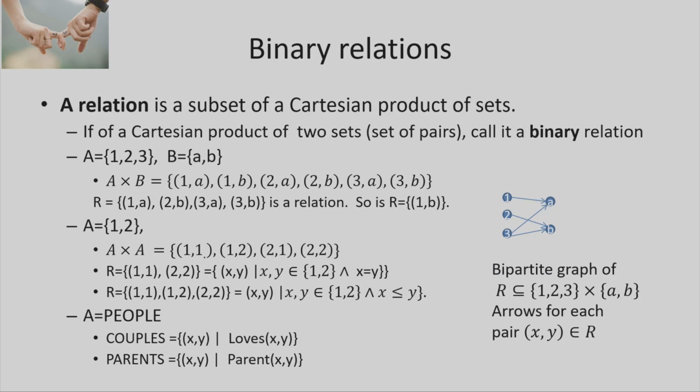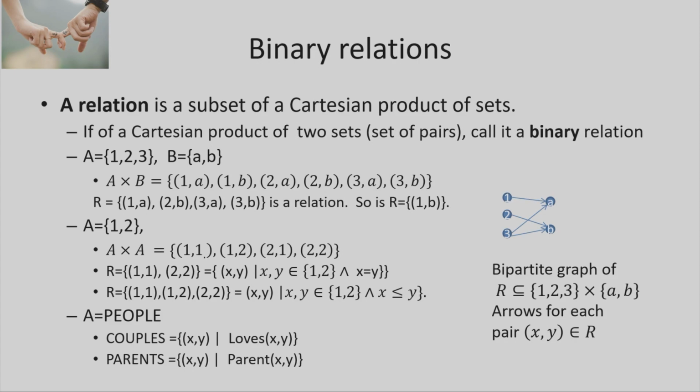So another way of saying what a relation is with the language of Cartesian product that we have now is a relation is a subset of a Cartesian product of some sets. So if you take two sets and take their Cartesian product, you end up with a set of pairs. And a subset of that set of pairs is a relation.